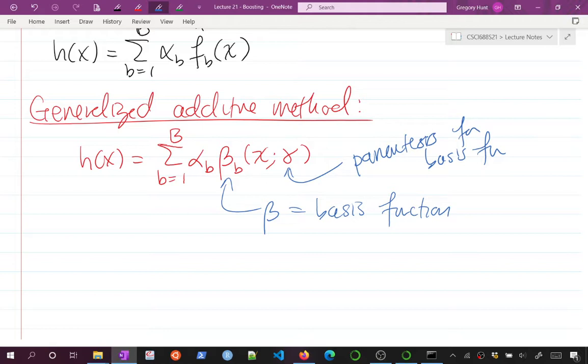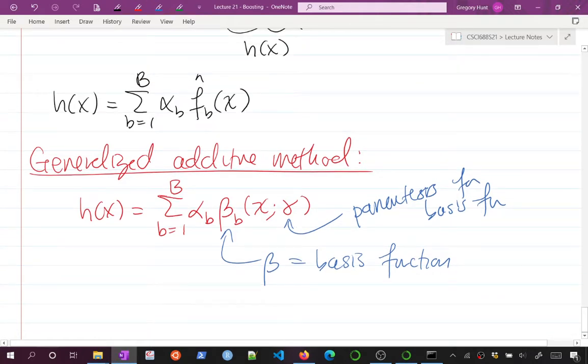The betas are these trees, and the parameters are like the splits and the values predicted at the leaf nodes, for example. But you could fit any class of functions, call it beta, that are parameterized by some set of parameters, gamma.